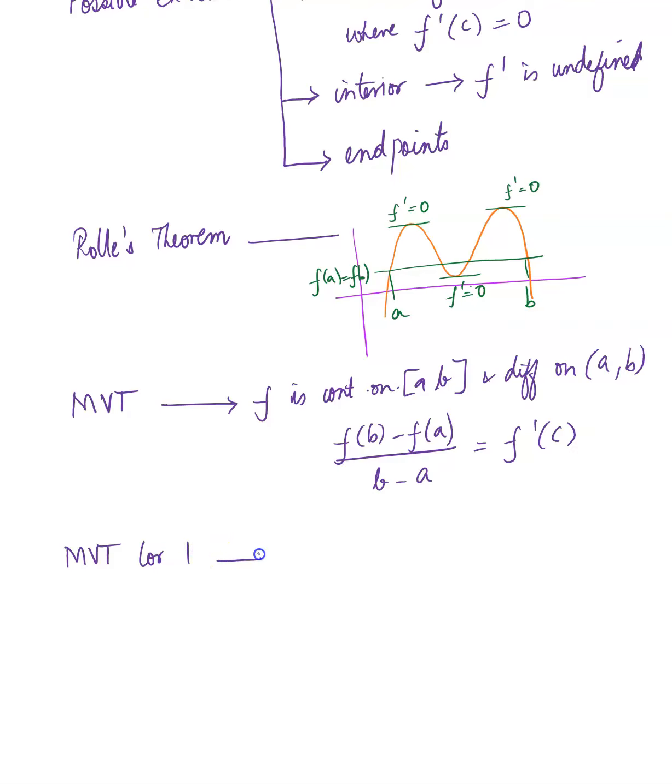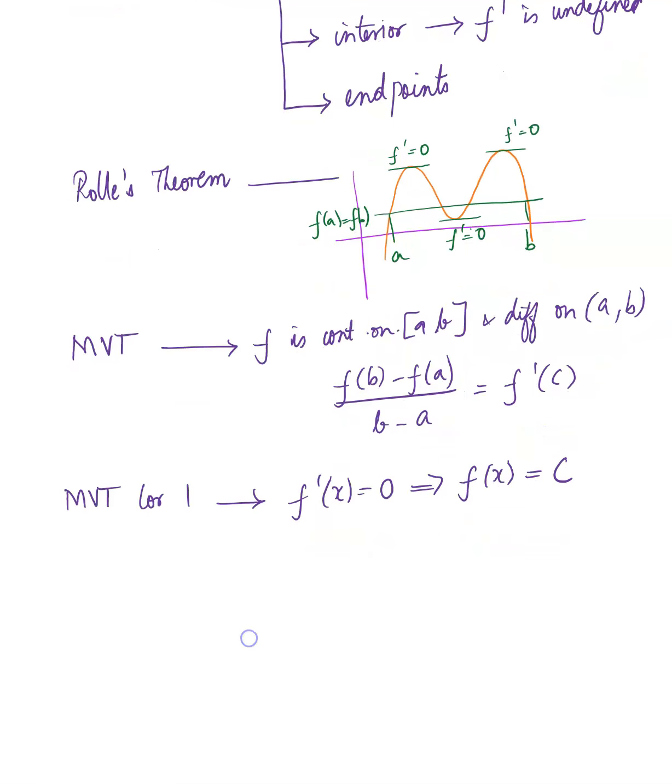And then based on MVT, we had some corollaries. Corollary 1 said f prime of x equals 0 implies f of x must be constant. If the first derivative is 0 throughout the graph for all x's, the only way it's possible is if it was a horizontal line. Corollary 2 stated that if we have two functions and their derivatives are the same, meaning their slopes are the same, the only possibility is that these two are parallel to each other.